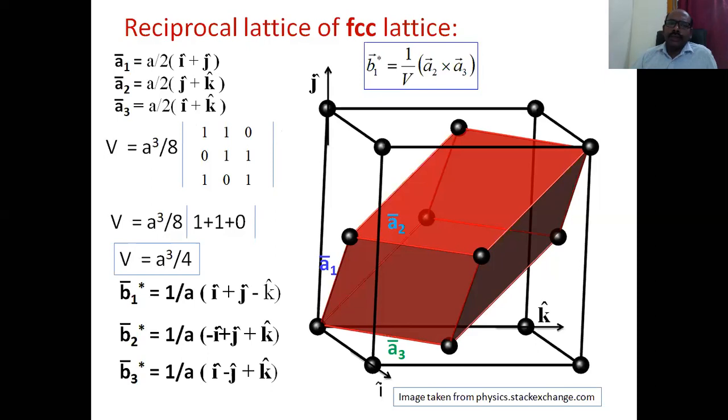We have seen the primitive basis vectors of BCC, and we found the reciprocal lattice of those primitive basis vectors of the BCC lattice, and it results in the FCC lattice. Similarly, vice versa, the reciprocal of FCC is BCC.